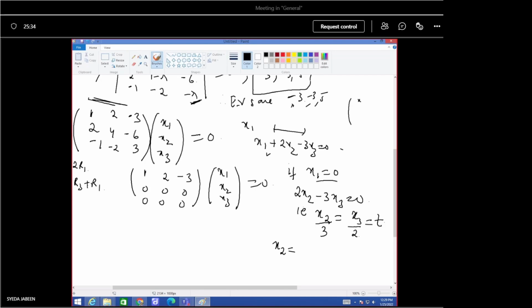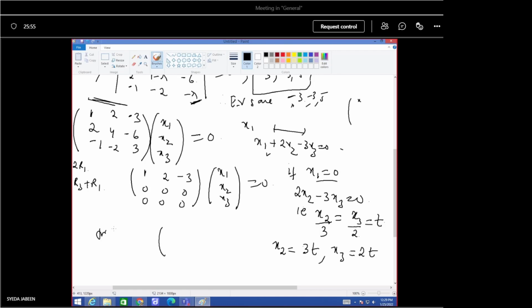Yes, yes. So from this what are we getting? If you want, you can take t as 1 and represent x2 as 3. That also you can do, but I think this is better. So if you take x2 as 3t and x3 is equal to 2t, what are the eigenvectors that you are getting?